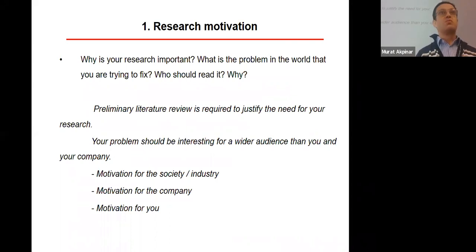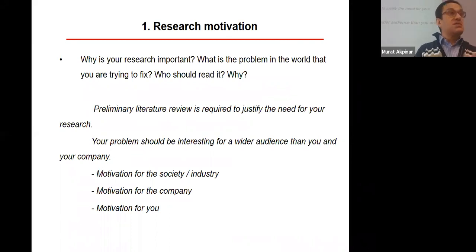That's not a good motivation. The motivation should start from the world. So we are trying to solve a problem in the practical world. So what's the problem? And to convince that there is a problem, you should be providing evidence.